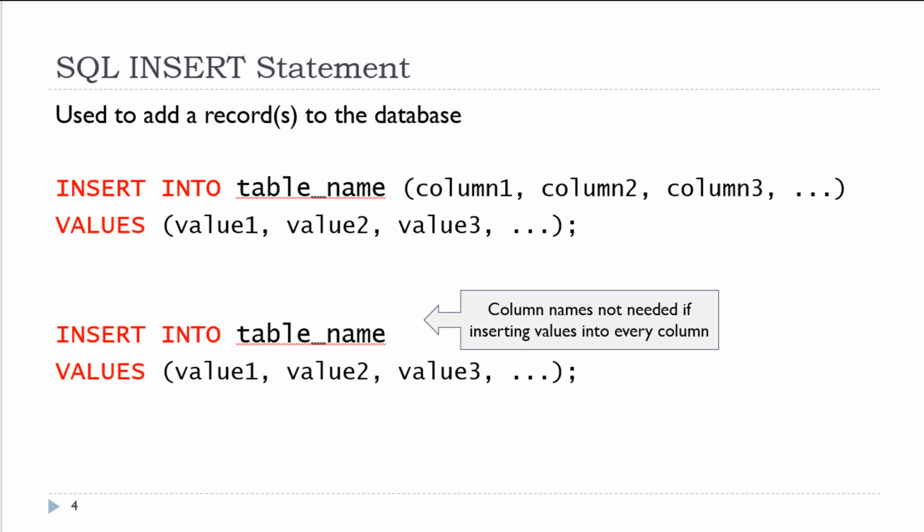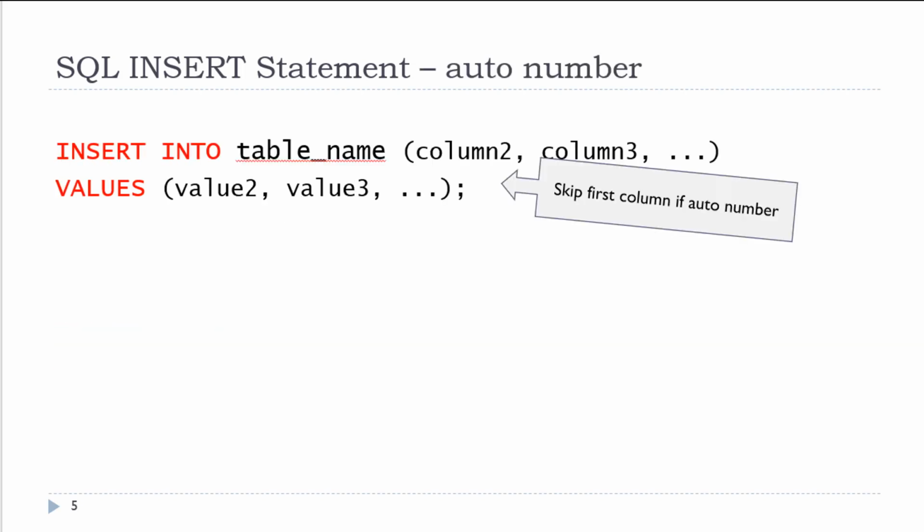However, if you are inserting a value into every column in that table, then you can eliminate the column names and use this shortcut. If the first column in a table is an auto number, you don't know what that number will be, so you can just skip that first column and the database will fill that in for you.